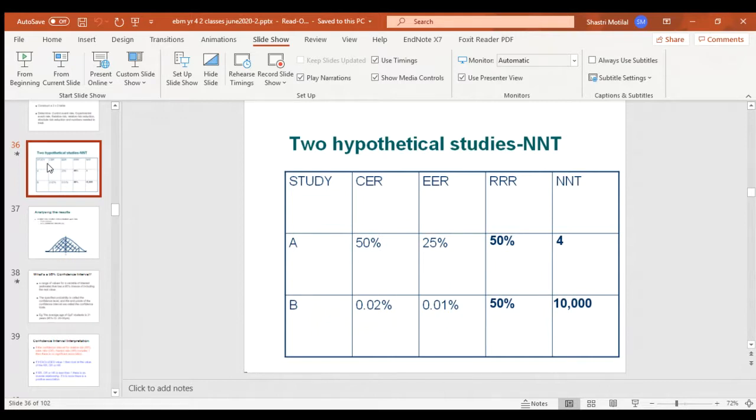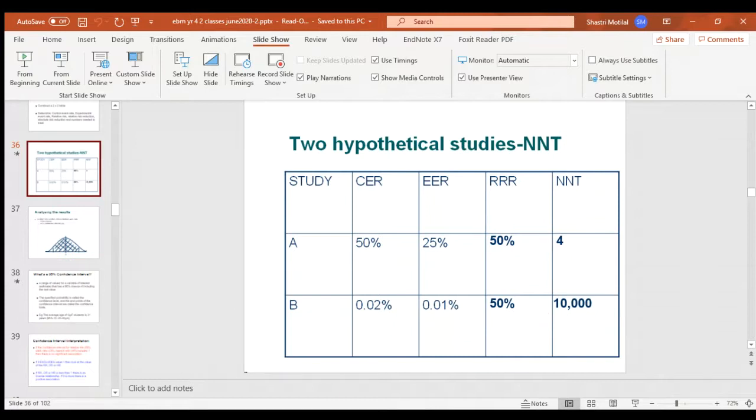If you look at the control and experimental event rates, you would see both of them produce the same relative risk reduction of 50%. But look at the NNTs for the groups. The NNT is 4 for study A, and for study B, the NNT is 10,000.